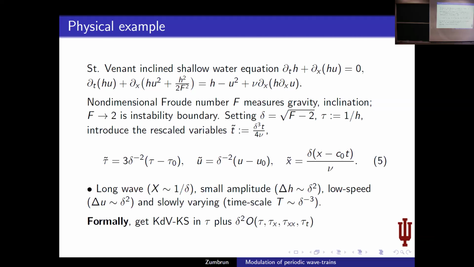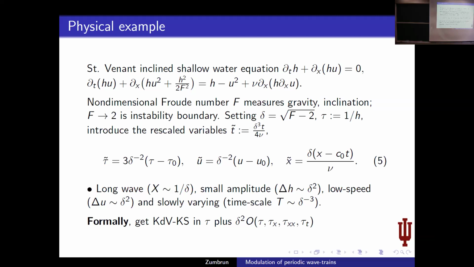Okay, you can introduce, so this predates us, introduce delta to be square root of F minus 2, tau to be 1 over H, rescale time, and rescale tau, u, and x.